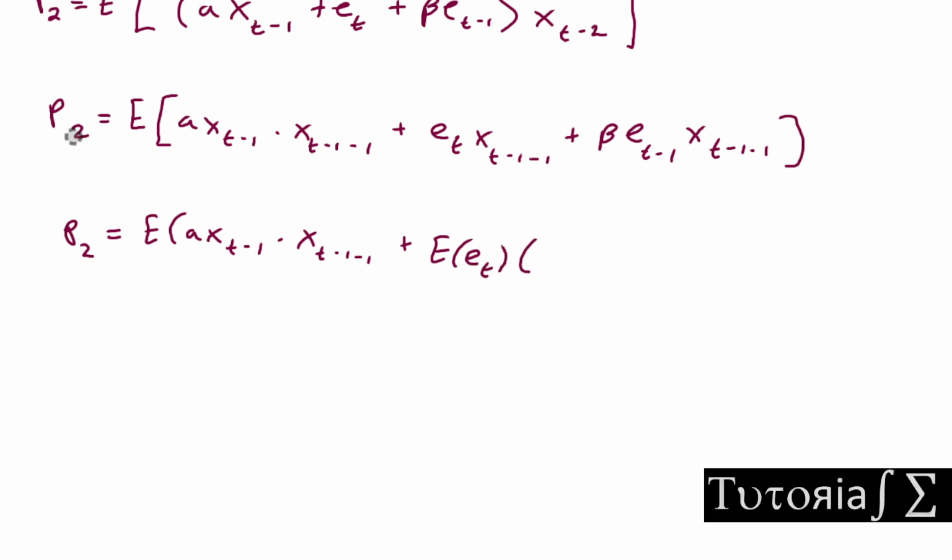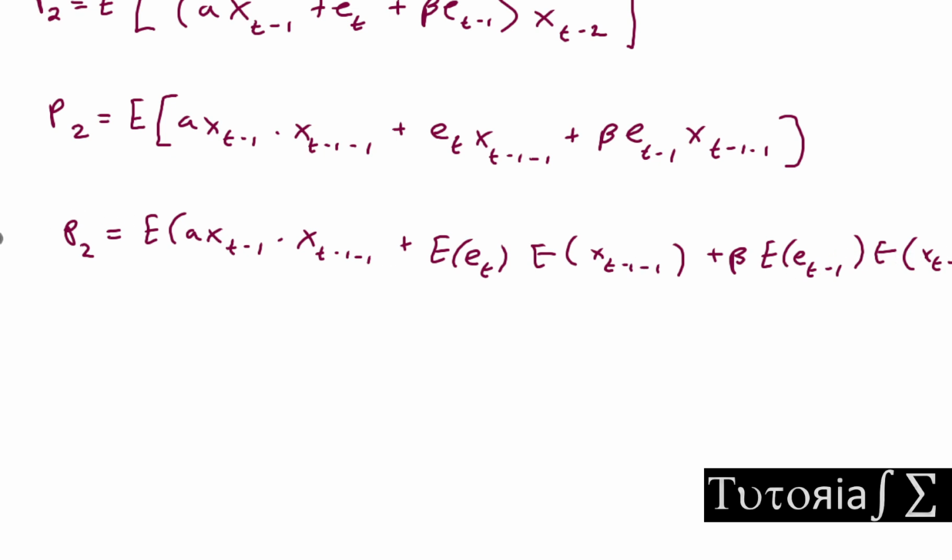times the expectation of x_{t-1} minus 1, plus beta expectation of e_{t-1} times expectation of x_{t-1} minus 1, right?